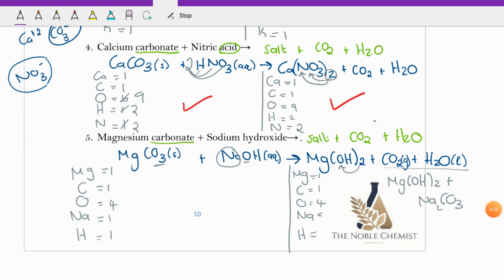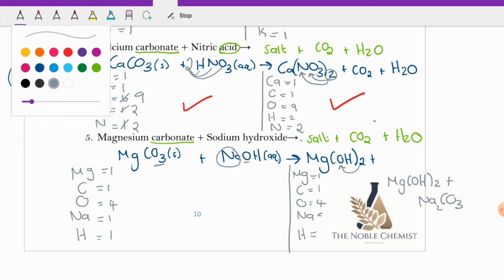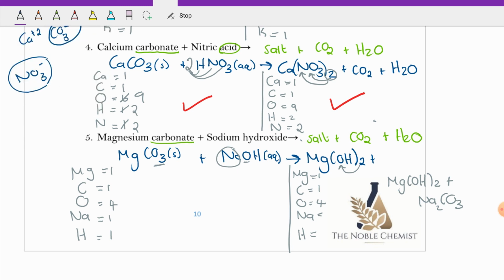So it really depends on your reaction. So in this case, we are going to consider these reagents forming instead of the carbon dioxide and the water. And the reason for that is because the sodium is very reactive and it's going to displace the magnesium, and we're going to talk about displacement reactions.